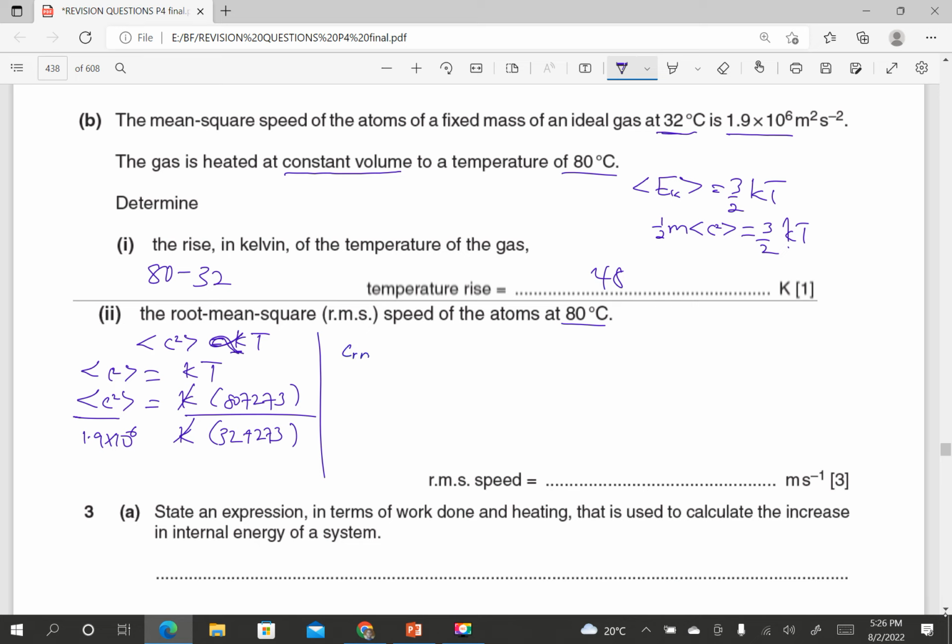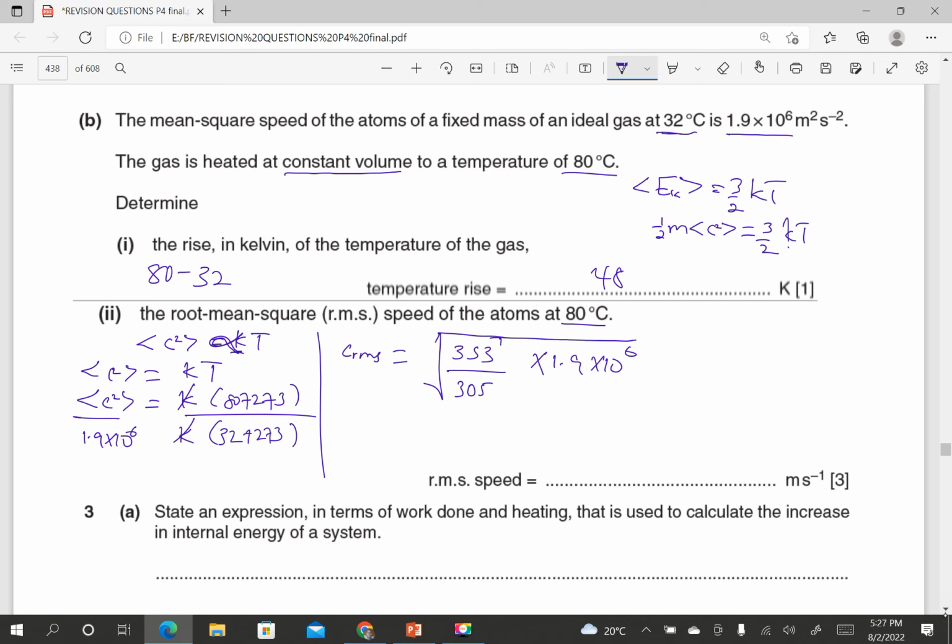So the root mean square speed will therefore be equal to the square root of 353, for this temperature, divided by 305, for the other temperature, times 1.9 times 10 power 6. Remember this was mean square speed, so having found the square root, it is also under the square root.